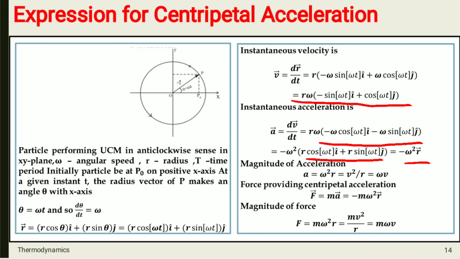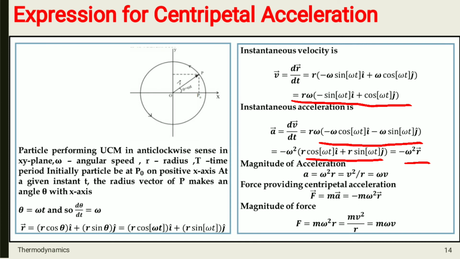Now this acceleration is what? Centripetal acceleration, and it is directed towards the center. This acceleration is provided by a force, and that force is what? Centripetal force, that is F bar = m a bar.